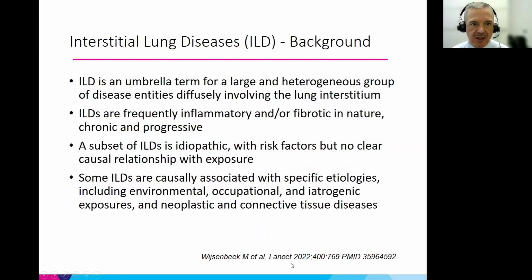So jumping right in, I'll start by saying that interstitial lung diseases is an umbrella term of a very large and heterogeneous group of disease entities that diffusely involve the lung interstitium.